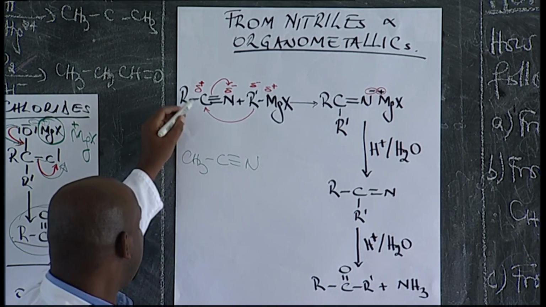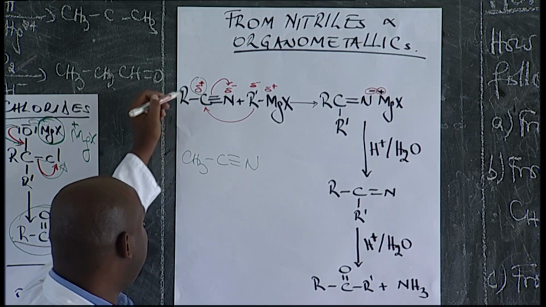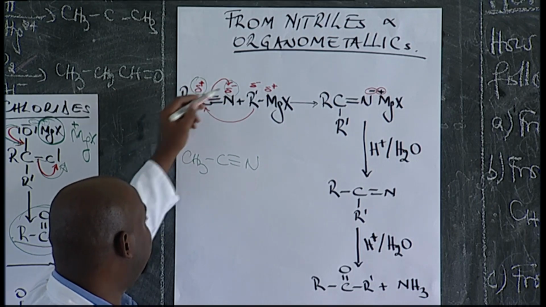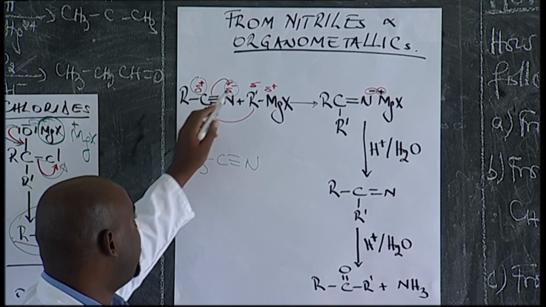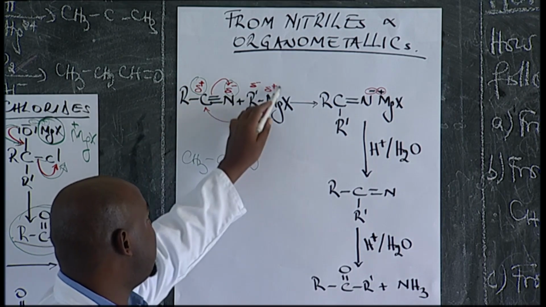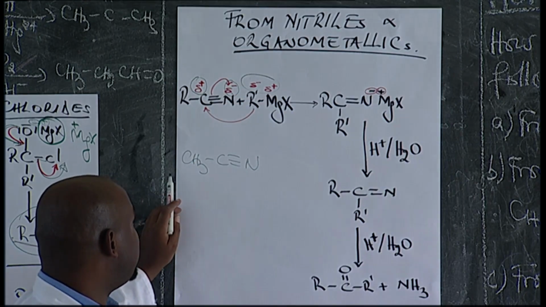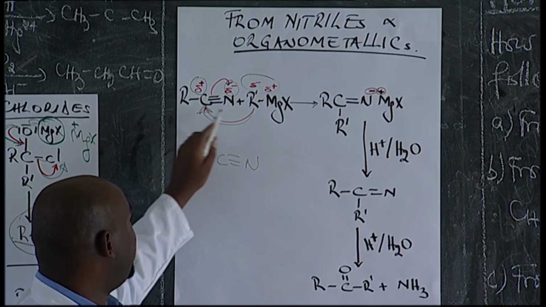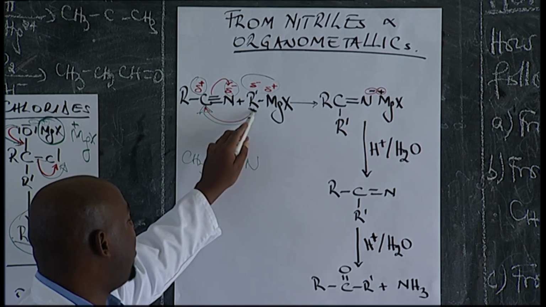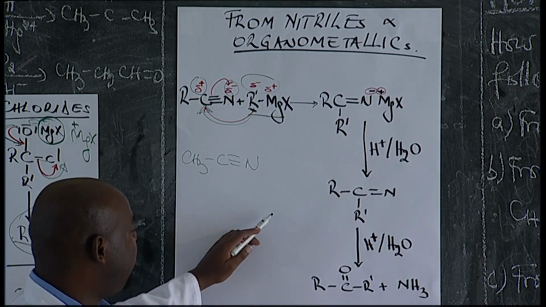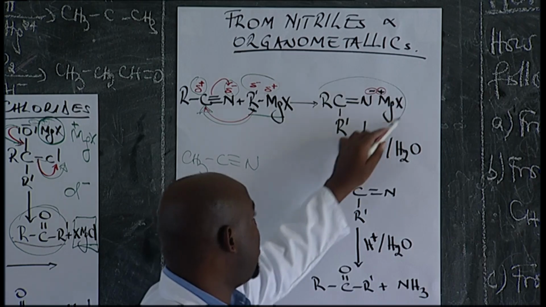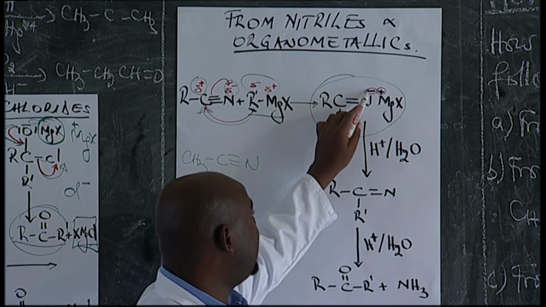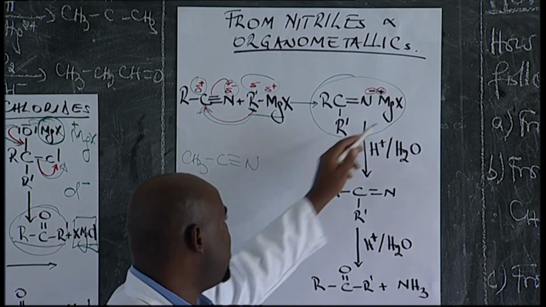So the carbon here is partially positive and the nitrogen is partially negative because of being more electronegative, and it is like this because of the same reason. So there can be an attack on this carbon from the partial negative part of this organometallic. We get this intermediate with a negative charge and a positive charge on this part.